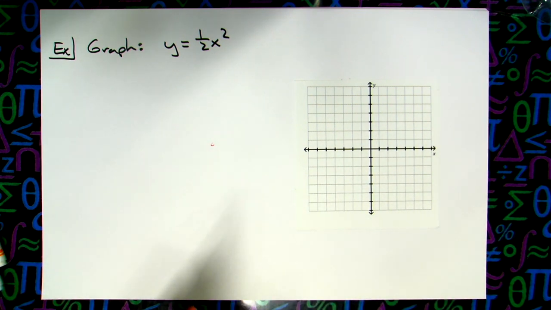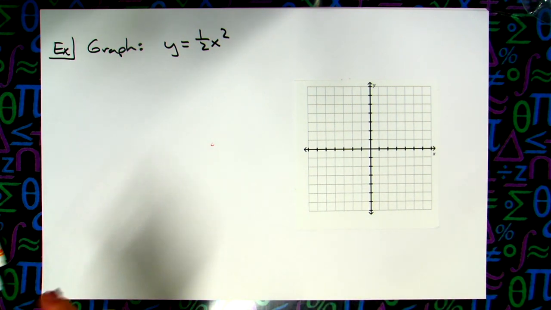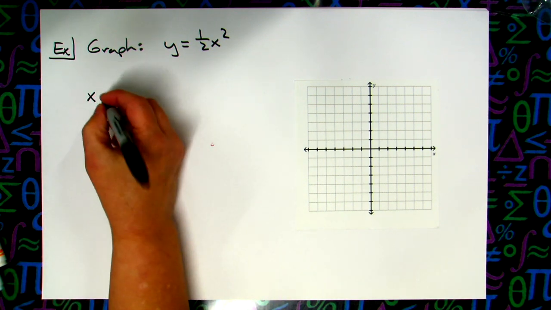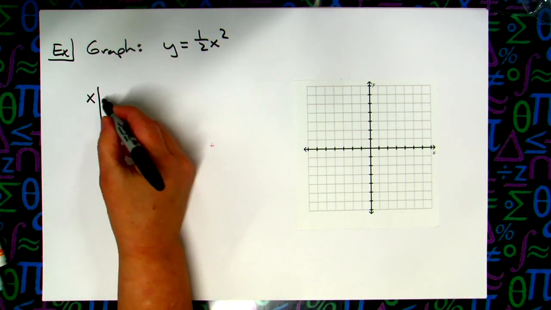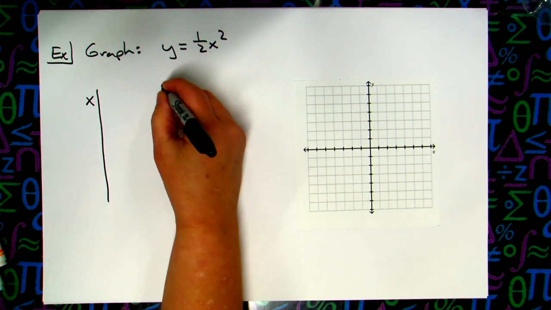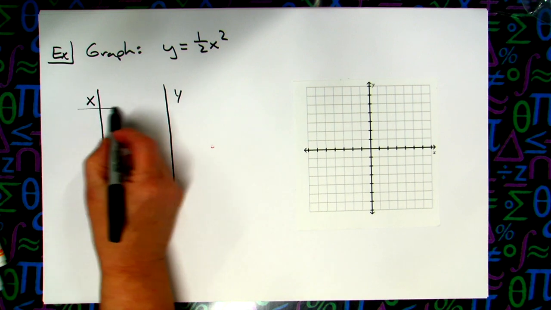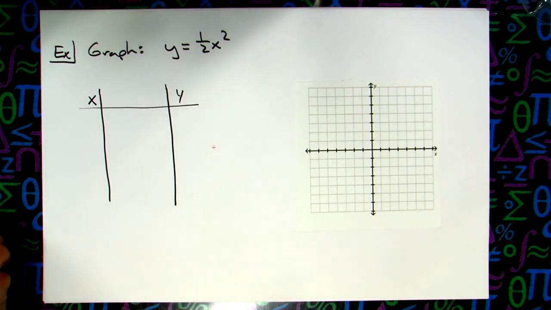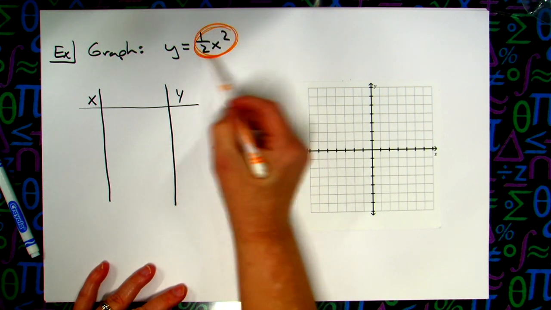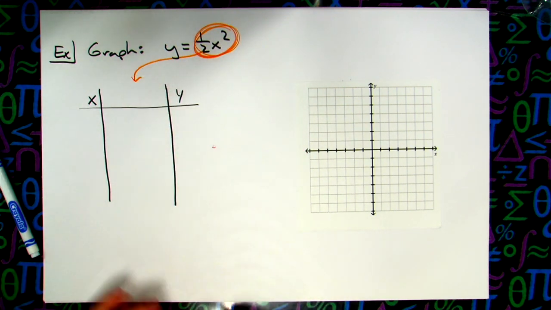Now, the way we're going to graph them today is going to be an XY table. Okay, so we're going to create the X column. We're going to make a really wide space in the middle because we're going to use an extended XY table, and we'll put a Y over here. Everything that is to the right-hand side of the equal sign goes in the middle right there.